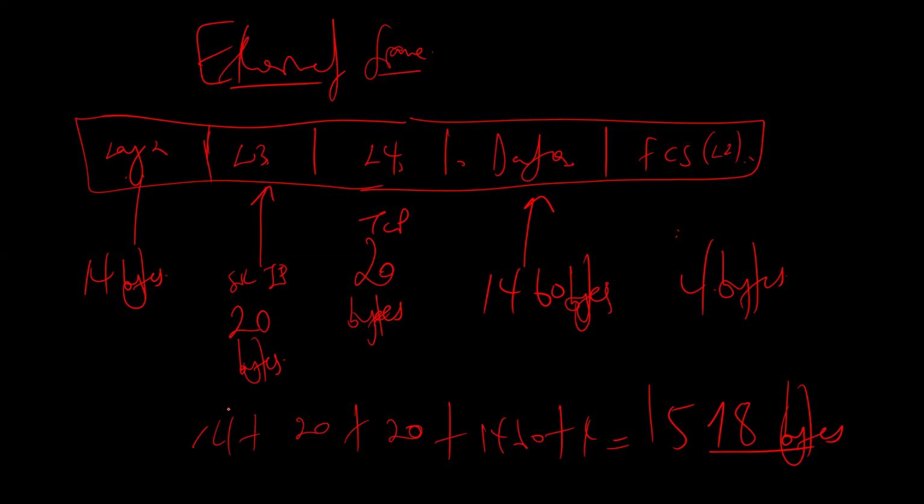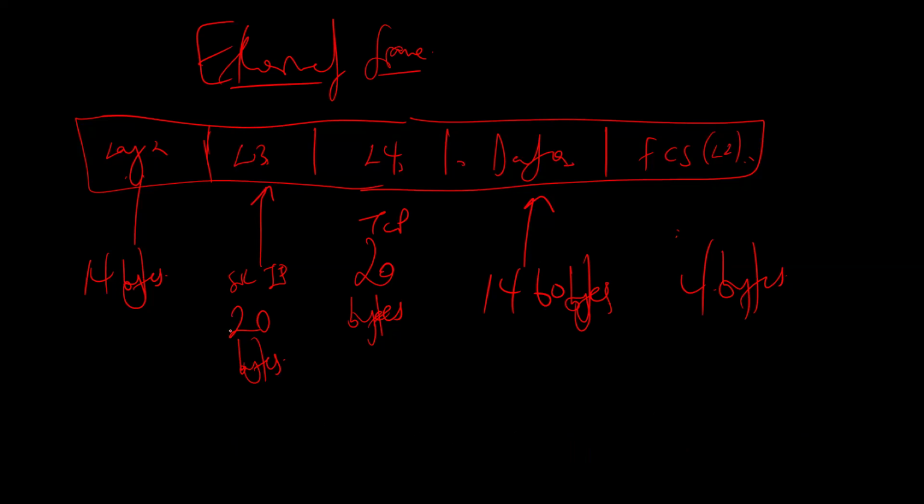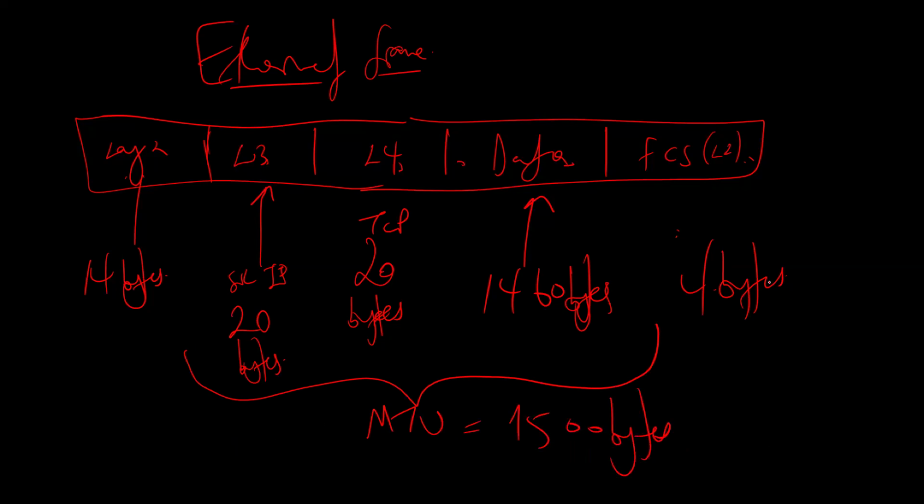Most of the time MTU could be defined at layer 2 and layer 3, defined as the maximum transmission unit, even though MTU is 1500 bytes, excluding the head and trail information added by Ethernet.